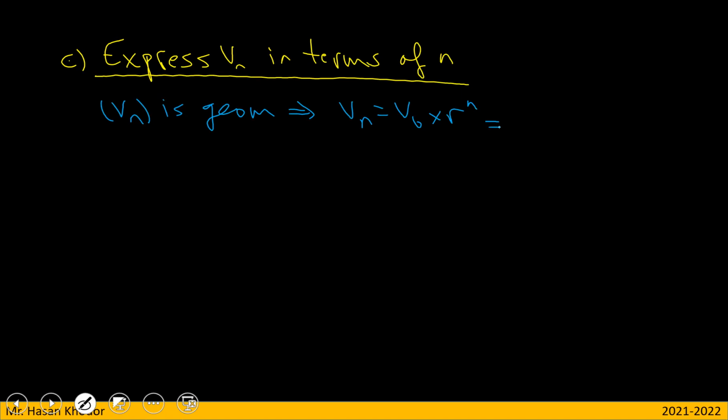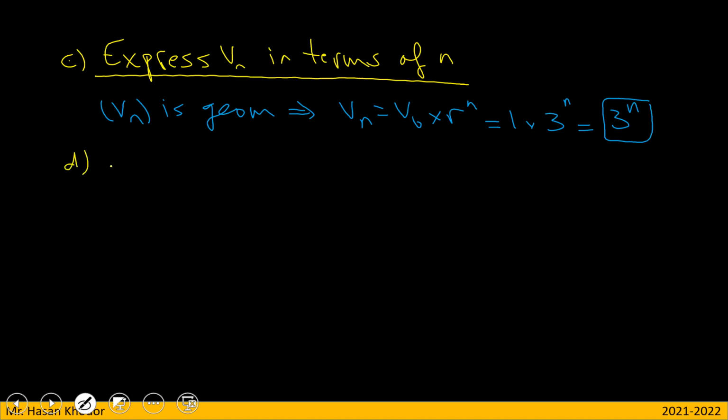This is the rule of the general term of a geometric sequence. V0 was 1 times r, which was 3, to the power n. This means 3 to the power n. This is the final answer of Vn. So here we expressed Vn in terms of n.